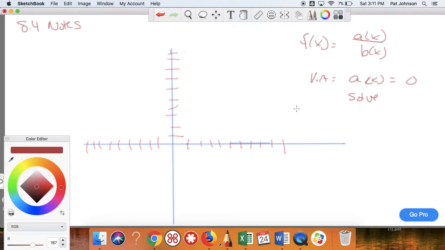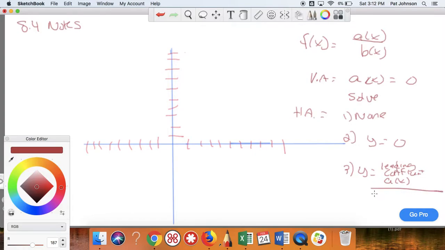So for a horizontal asymptote, you've got 3 cases: none, the line y equals 0, or the line y equals the leading coefficient of a of x divided by the leading coefficient of b of x. Sounds like a bunch of big fancy words. It really isn't. So we'll go through this.